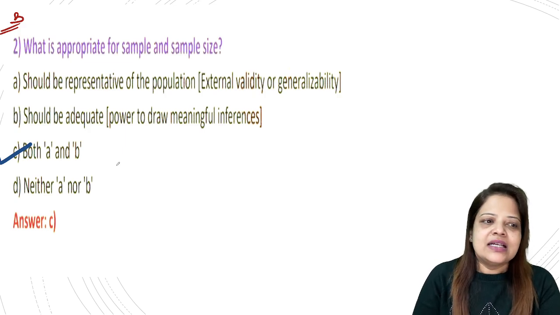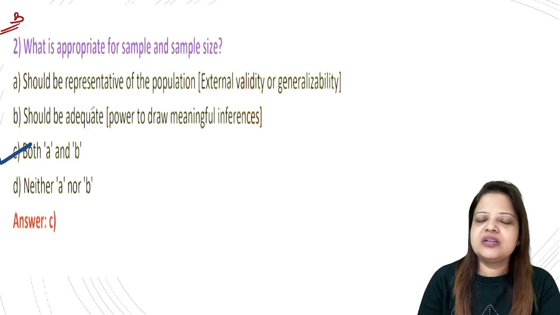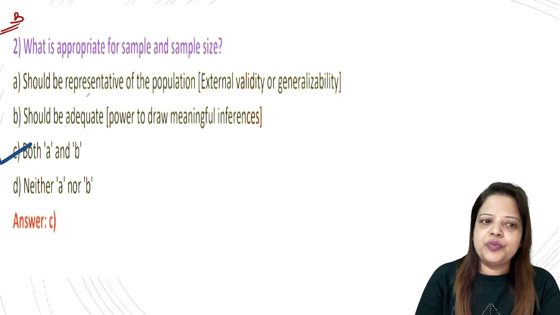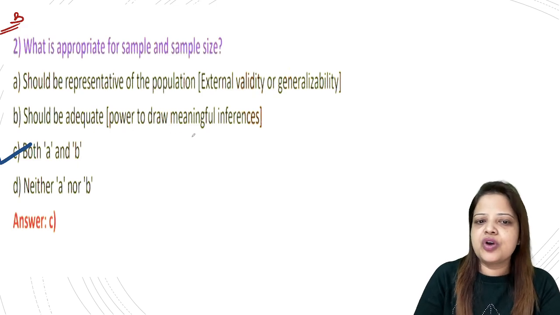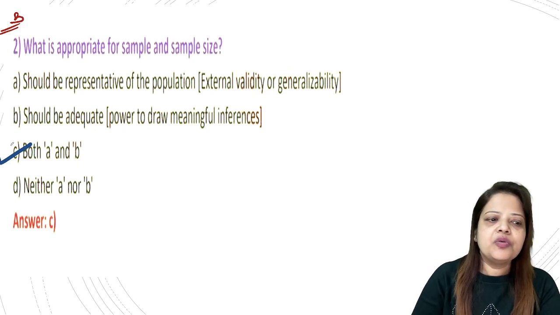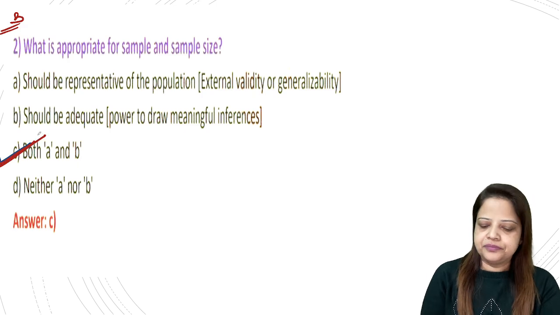So what is appropriate for sample and sample size? The sample should be representative of the population. This is the correct option. The second is it should be adequate or have power to draw meaningful inferences. So both of the above.